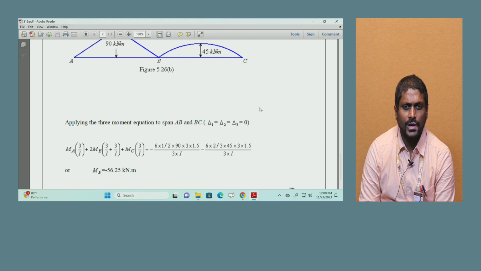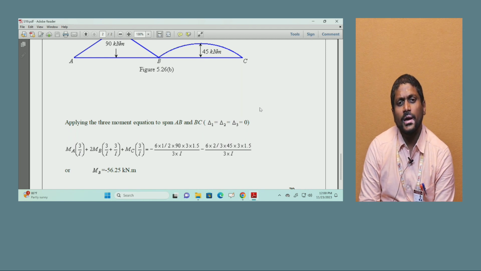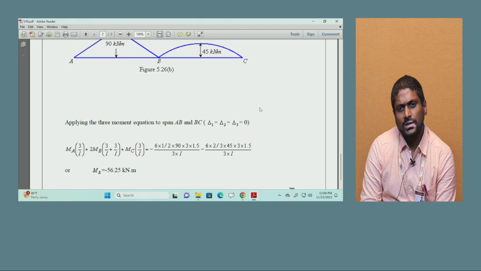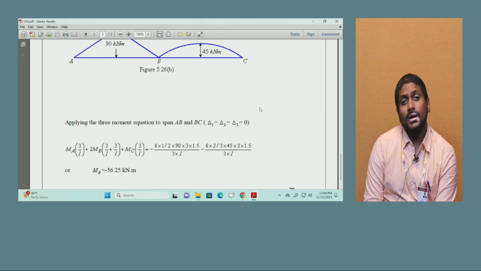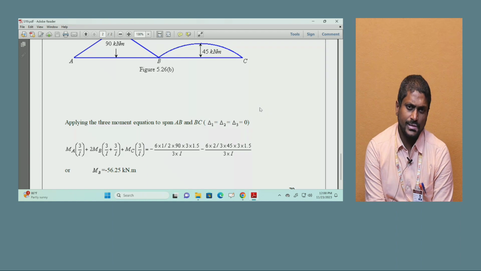So span into I, we are applying for the AB span. That is why in the first portion it is put as LAB and IAB, whereas in the second portion it is minus 6 into something, that is LBC and IBC actually.